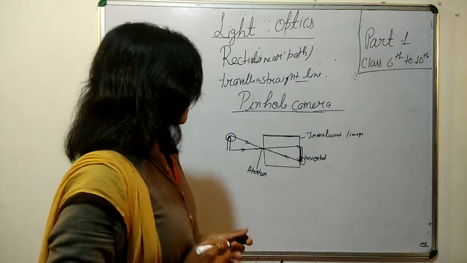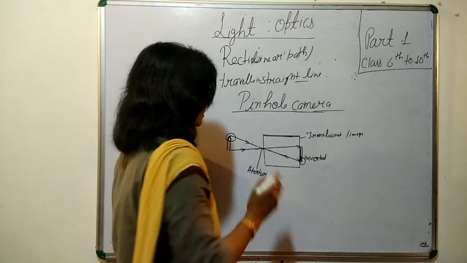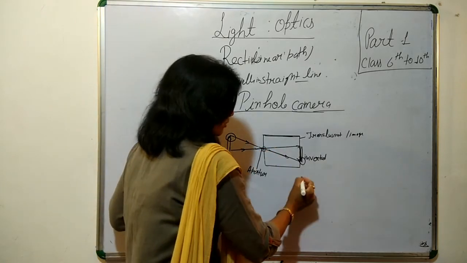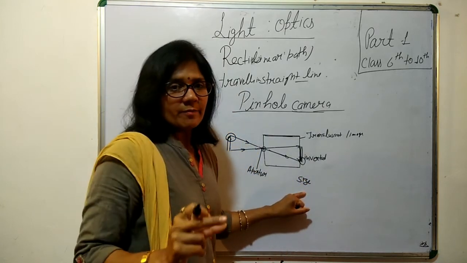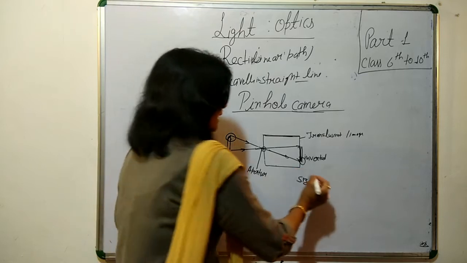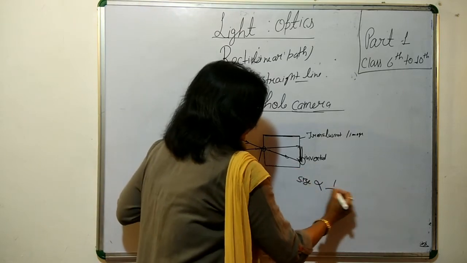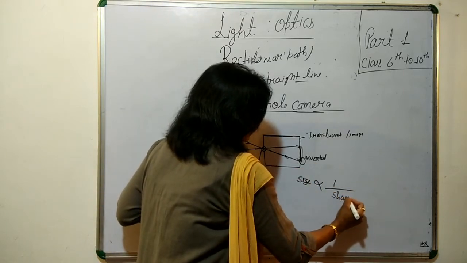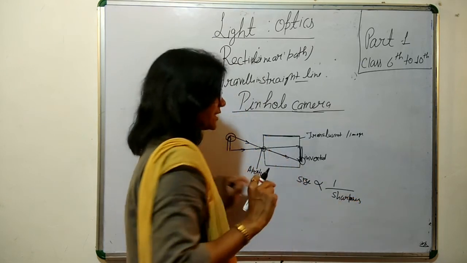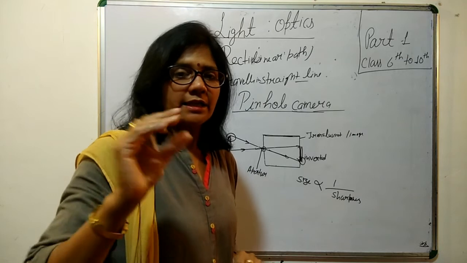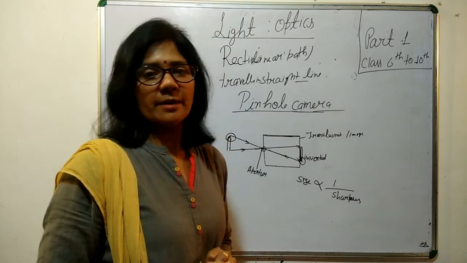As much as your object is having light or is luminous, you will see that sharp image here. The thing which is very important here, we should notice, is the size of the aperture. The size of the aperture should be very small, as it will cause the sharpness of the image. If the size is very small, then the image will be very sharp.